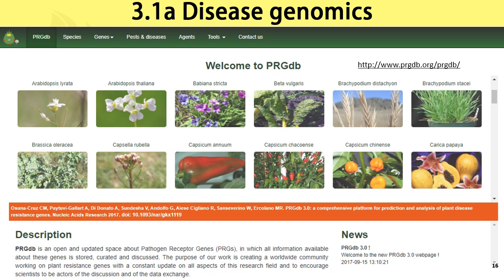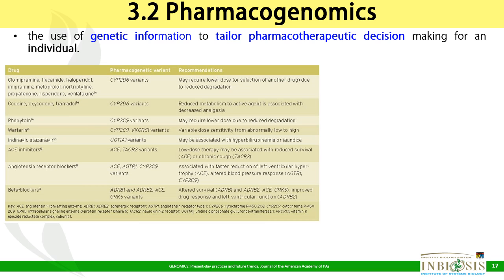Another example for plants is the plant disease resistance genes database, where one can explore the pathogen receptor genes from diverse species of plants.